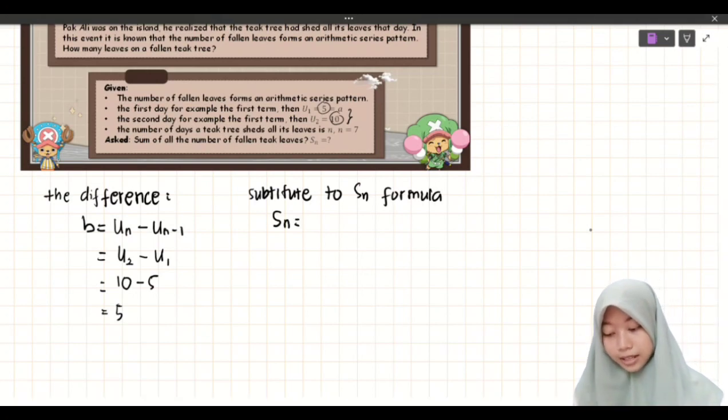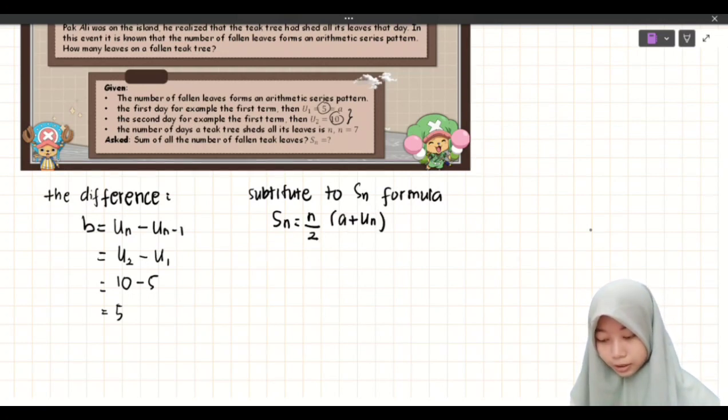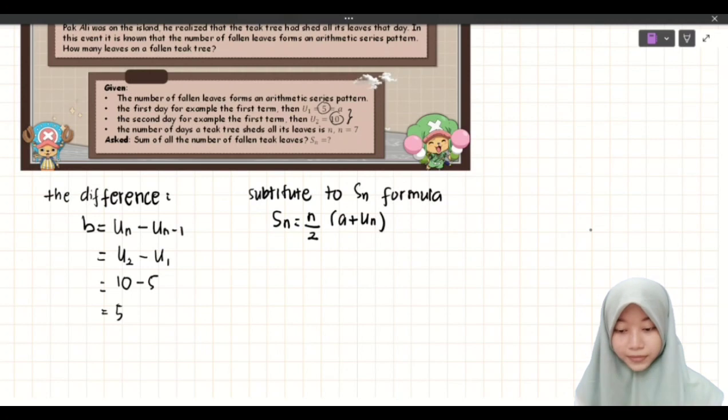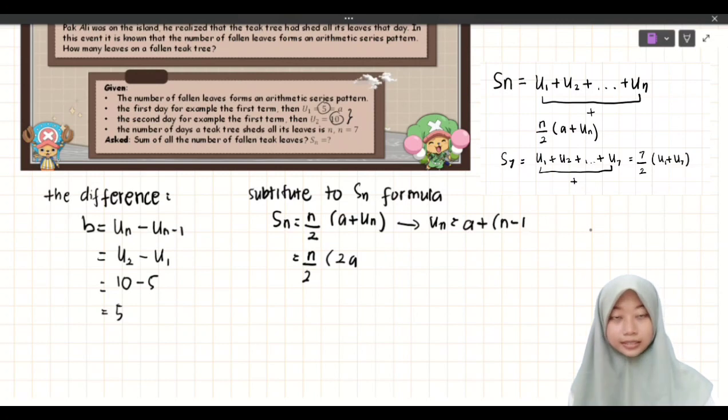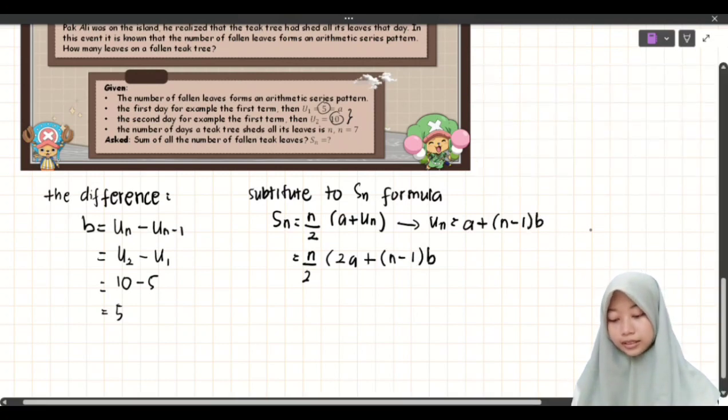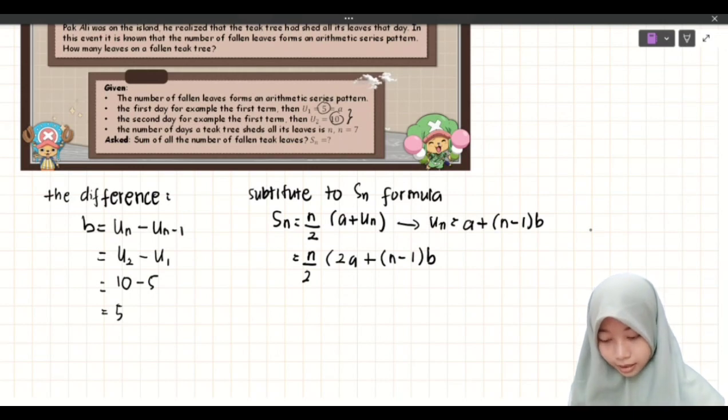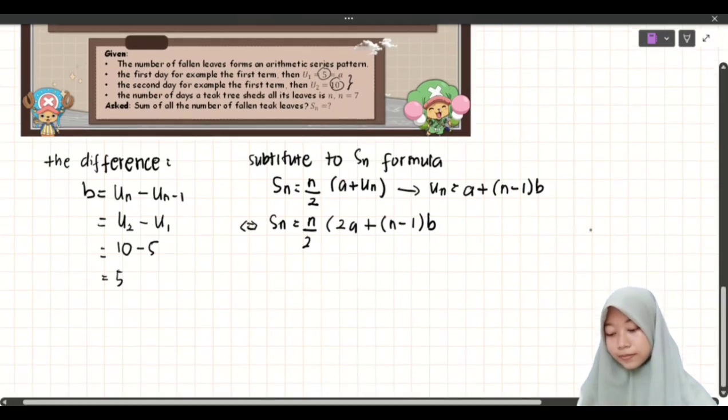So guys, we know from the arithmetic series pattern that Sn is equal to 1/2 times n times (a plus un), or we know from the formula of addition, and then we change un to a plus (n minus 1) times b, and then we get 1/2 n times (2a plus (n minus 1) times b).